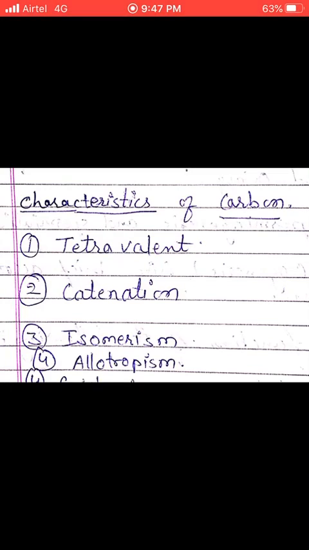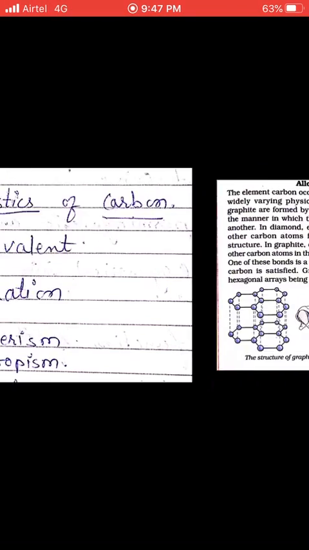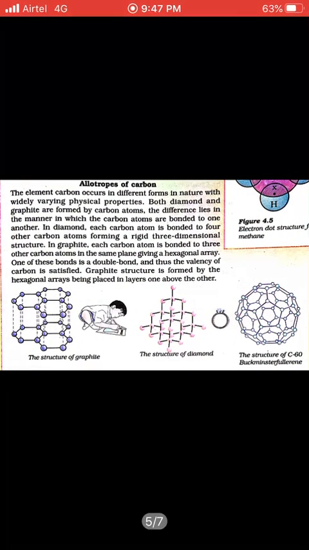And because of this, they form allotropic forms. They show allotropism. You can see this with the help of this slide. Here we have the structure of graphite, the structure of diamond, and the structure of Buckminster Fullerene. They all have a number of carbons attached together. Graphite has somewhat weak bonds, but diamond has strong covalent bonds. That's why it is the hardest structure on earth.